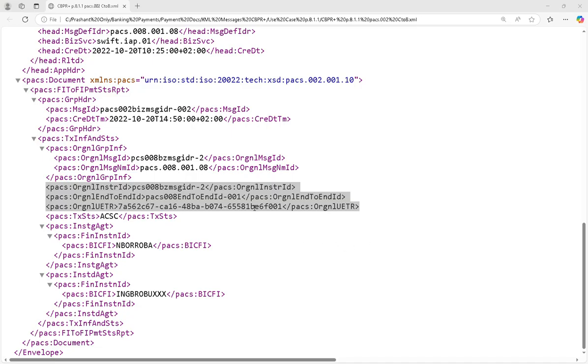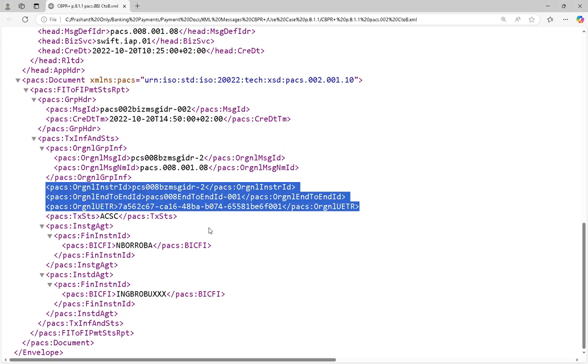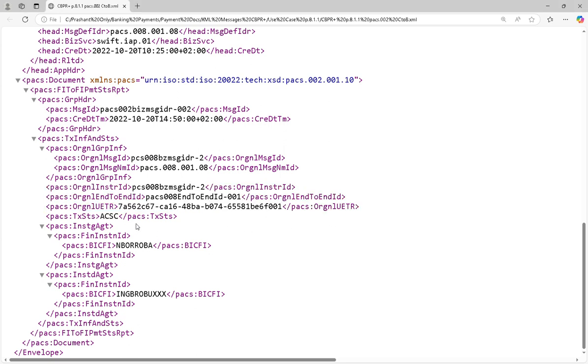Okay, so now here, whenever you are sending this status information, let me see where I can see the status. Oh, this is accepted here. Okay, this text status is accepted. That's why you cannot see this AC04 here. If it is rejected here, it could have given the reasons as well.